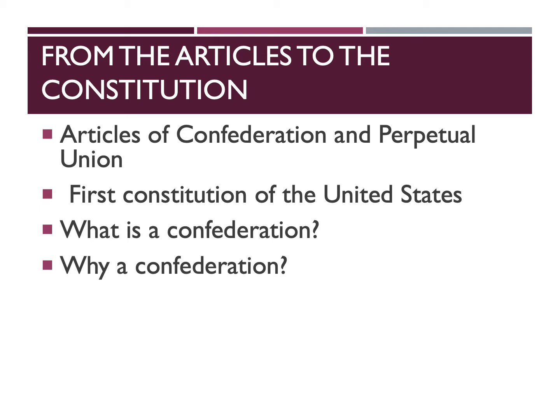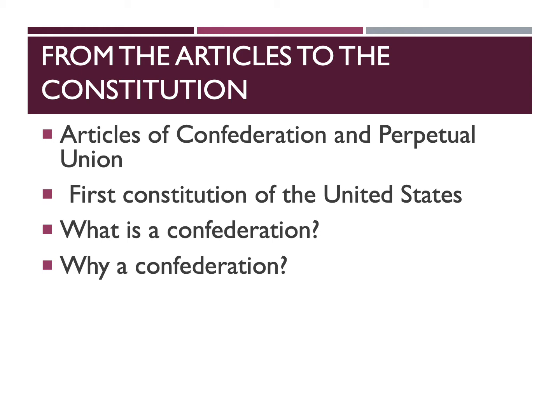Why did we select a confederation as the first way of sharing power within our new nation? The reason is that the states had just come out of a power sharing relationship that was all or mostly in the hands of the monarch.